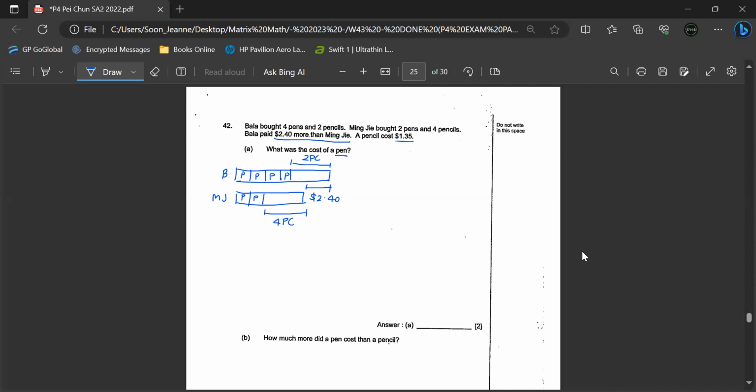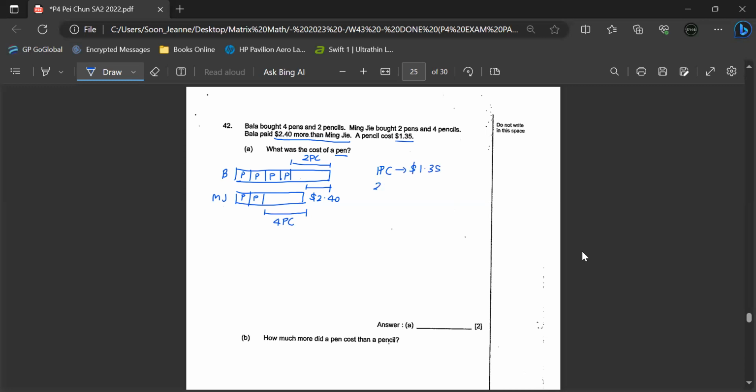Okay, so what we are going to do is find out how much is the cost of a pen. So we know that one pencil is $1.35, right? So we need to find out the cost of 2 pencils.